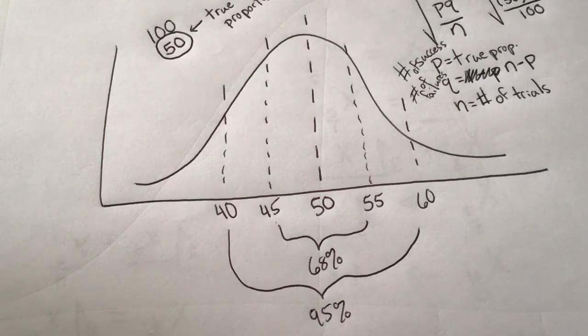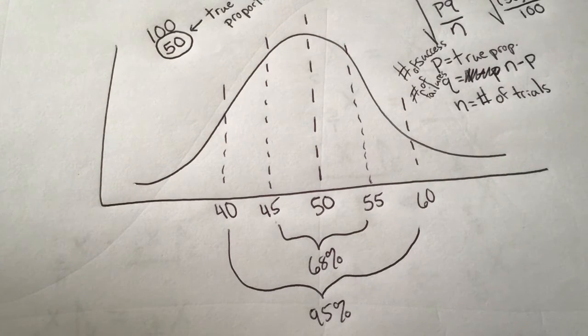Now, if we were to get a number smaller than 40 or larger than 60, then that's unusual. That's atypical for us, right? This sampling distribution informs us when we get an unusual number.